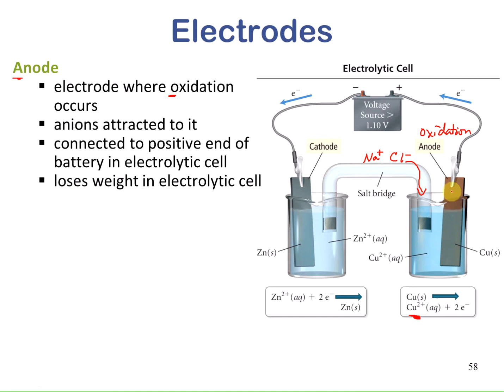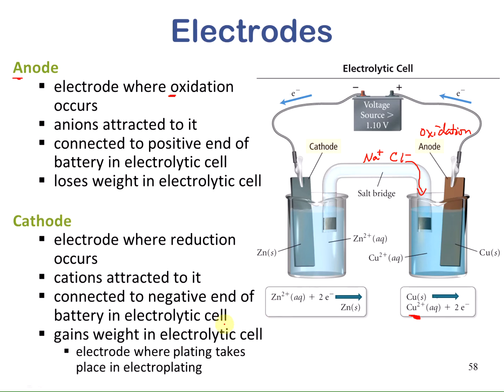And the anode is connected to the positive end of the battery because this is producing electrons, and the electrons need to flow to the positive end. And because we are going from copper metal to copper 2 plus, we're losing some of the copper from the electrode surface. This is going to lose weight in the electrolytic cell. So the mass of the anode is going to decrease.